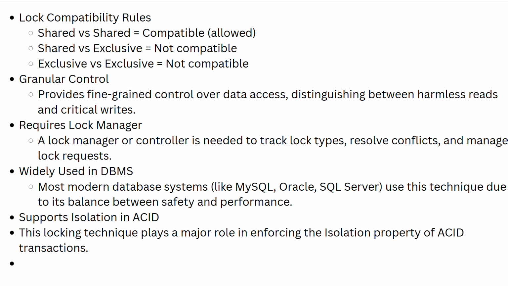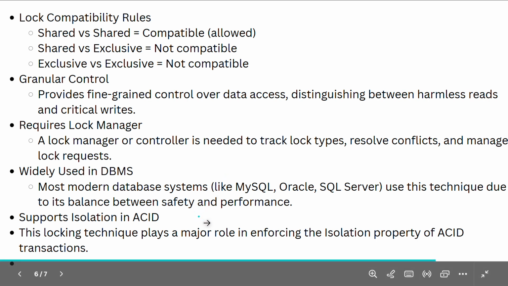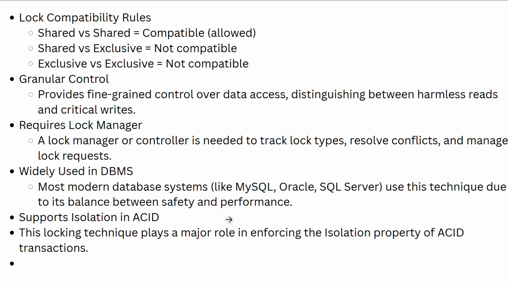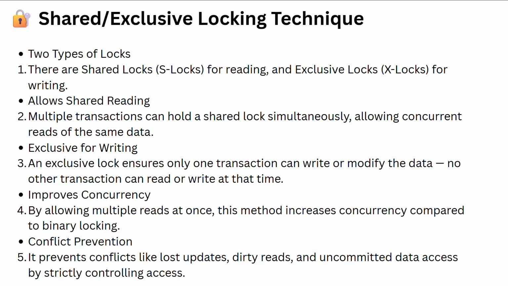The last point is supports isolation in ACID. We have already discussed ACID. So this locking technique plays a major role in enforcing the isolation property of ACID transactions. So these are the two types of locking: binary and shared exclusive locking. Thank you.